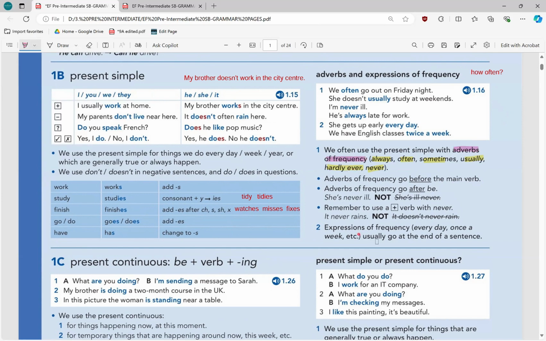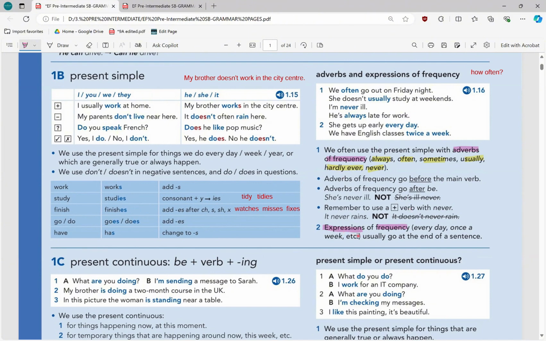Now we have got expressions of frequency. So what is adverb and what is expression? When we say adverb, we mean one word, like always, often, sometimes. Hardly ever, there are 2 words, but we consider it as one meaning. So hardly ever, this is an exception.